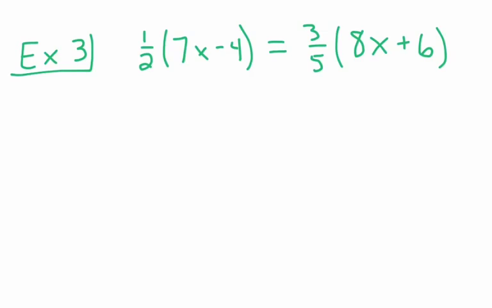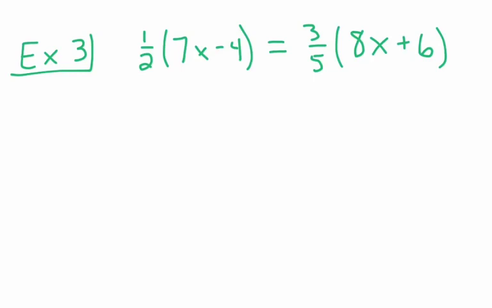Now we have to eliminate this fraction here and this fraction here, and this is not a special case problem because 7 is not a multiple of 2, nor are 8 or 6 multiples of 5. I'm sorry, not factors, multiples. So this is not a special case. We can't just distribute our fractions and expect our numbers to be all integers. So we have to eliminate the fractions on both sides.